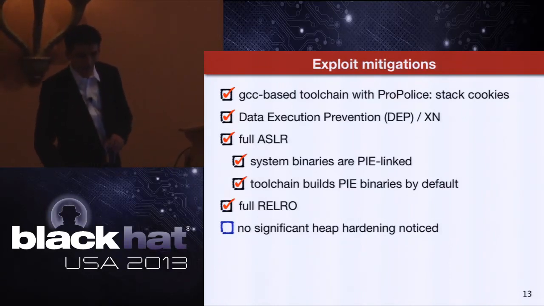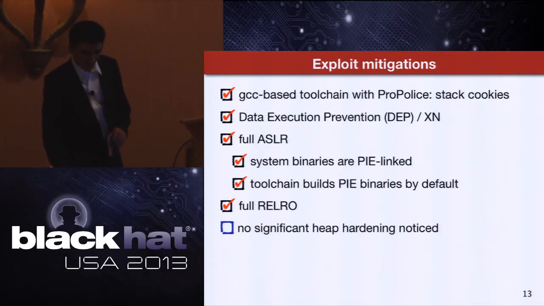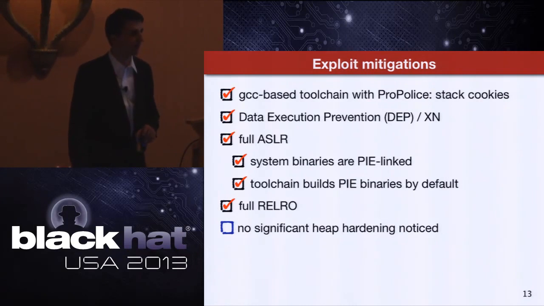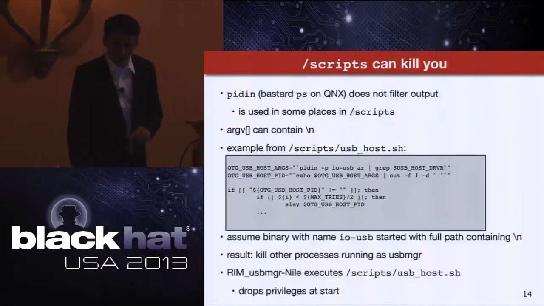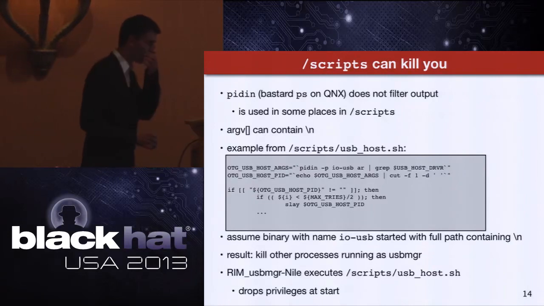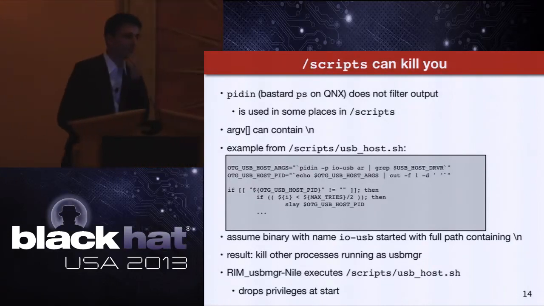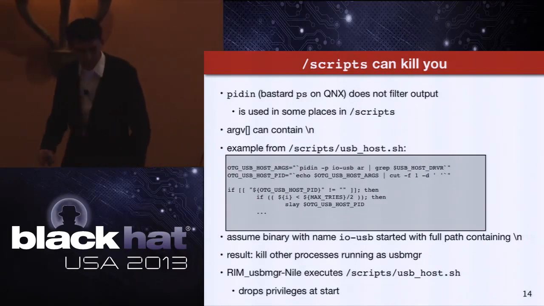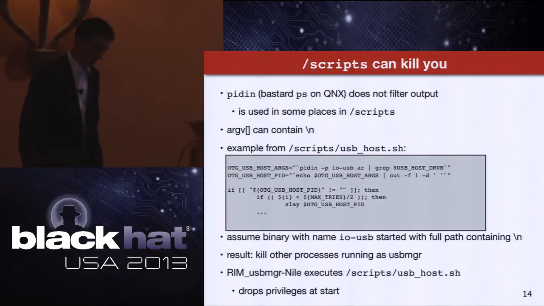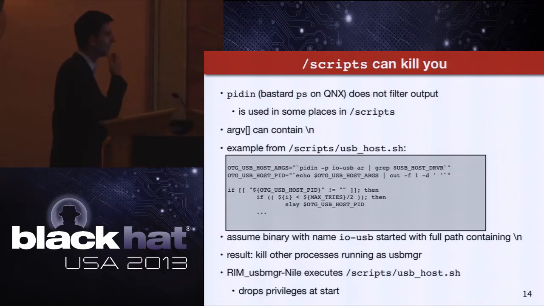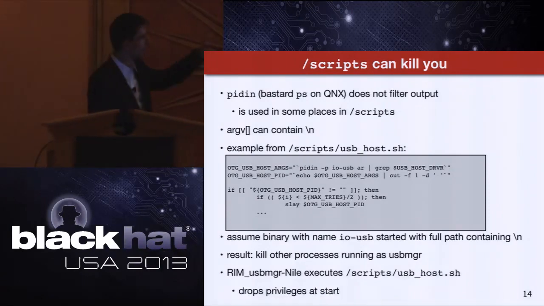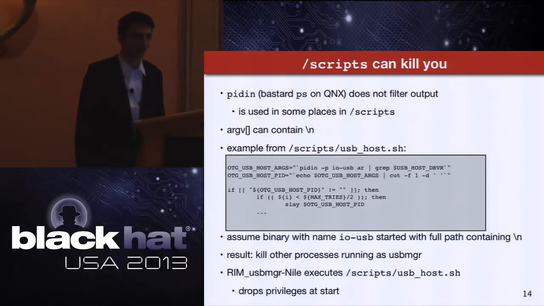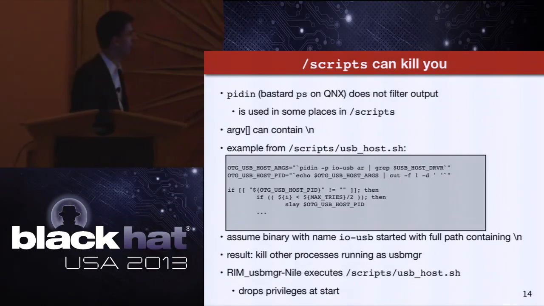Okay, so then I thought, starting with a memory corruption is probably a little bit overkill. So let's have a look at what other things there are on the platform. And there's this directory of scripts that I really encourage you to look into. One example, also, this is nice because it shows the advantage of the microkernel, and I'm not giving you away a root escalation on the platform.